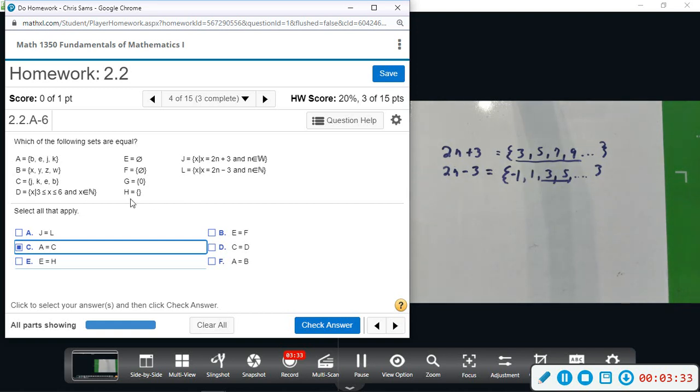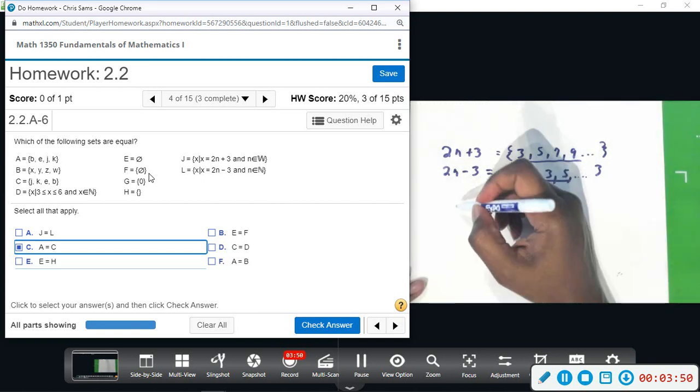Now, as we look at the ones in the middle, E is the empty set. Okay, F says the set consisting of the empty set. Okay, this notation is incorrect, as you will pick up in the text.